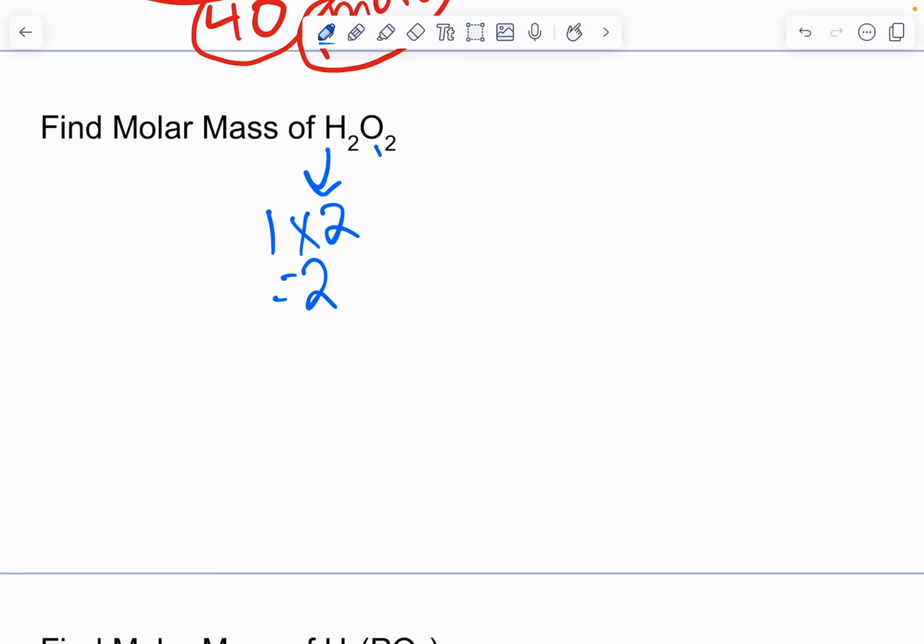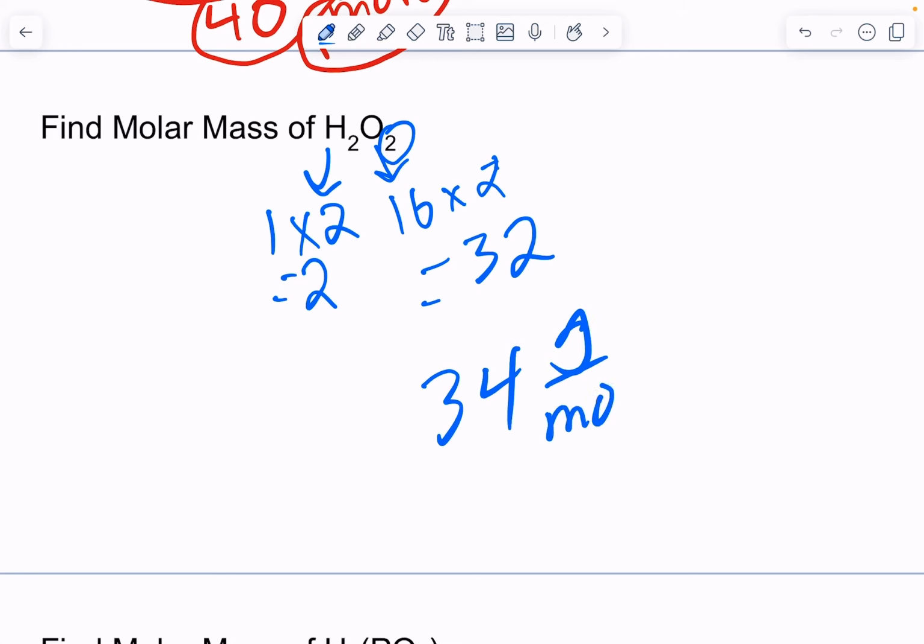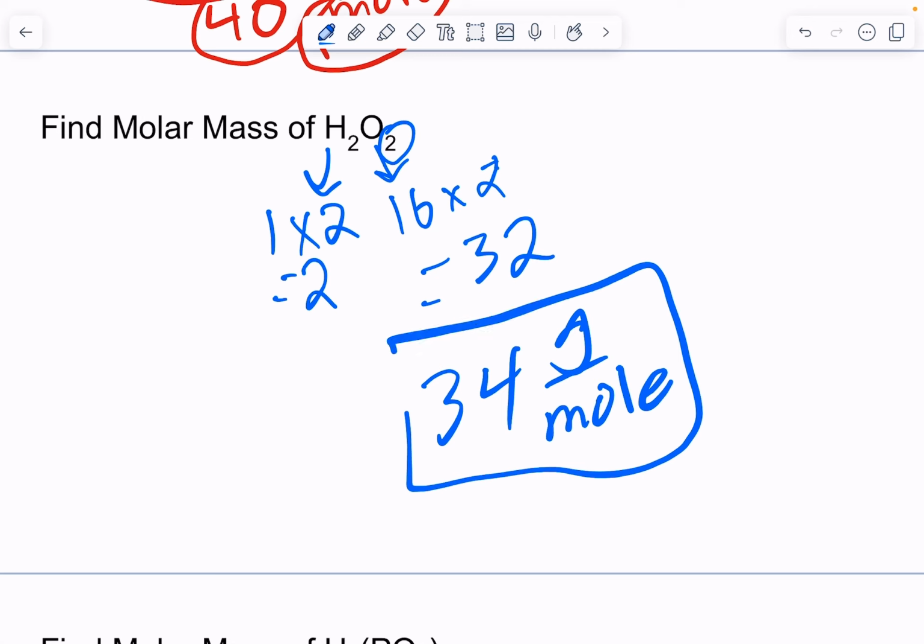I also have oxygen, which has a molar mass of 16, but there are 2 oxygens in this molecule. So I'm going to multiply that by 2 to get me 32. Adding those 2 up, I get 34 grams per mole as my molar mass for hydrogen peroxide, or H2O2.